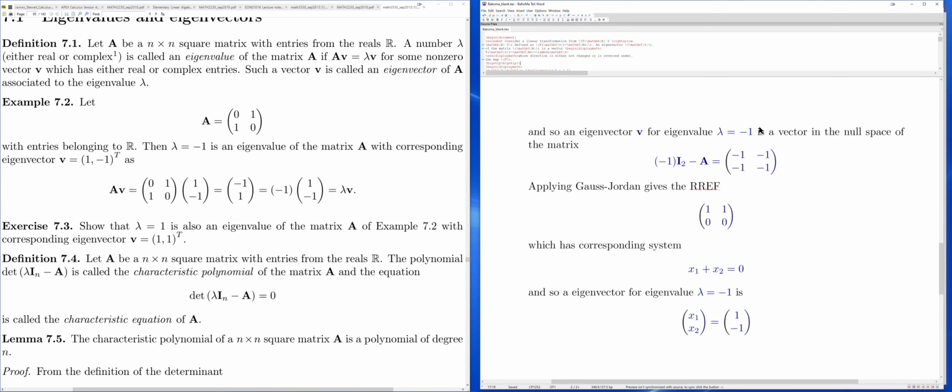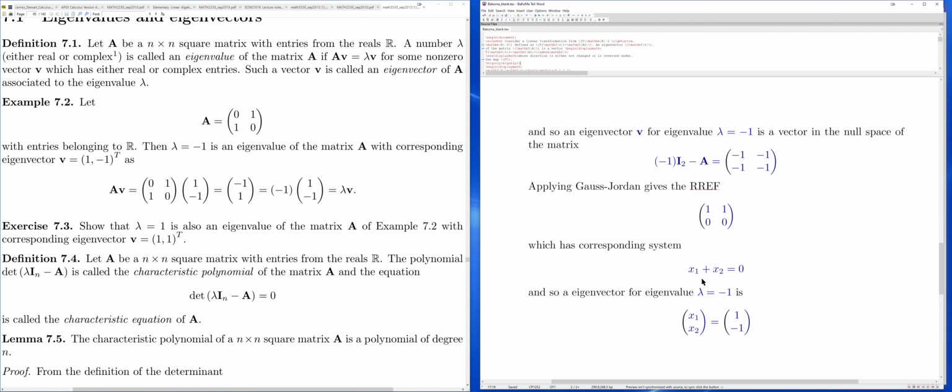You need to determine the null space of this matrix, and as we just saw in my little review of null spaces, given this matrix that you want the null space of, you just apply Gauss-Jordan to it and form your corresponding system.